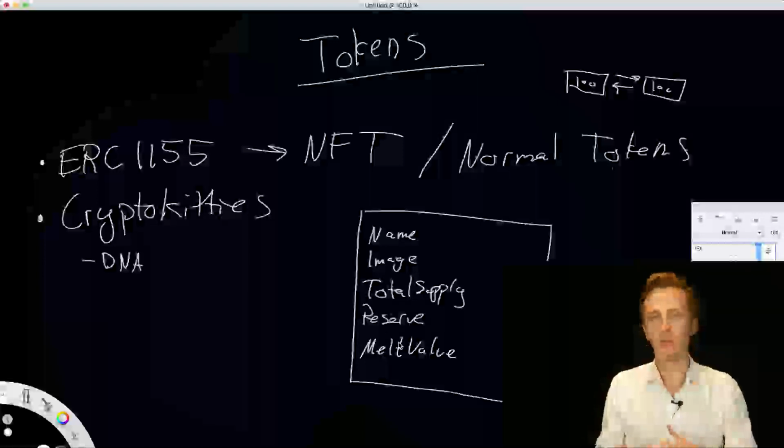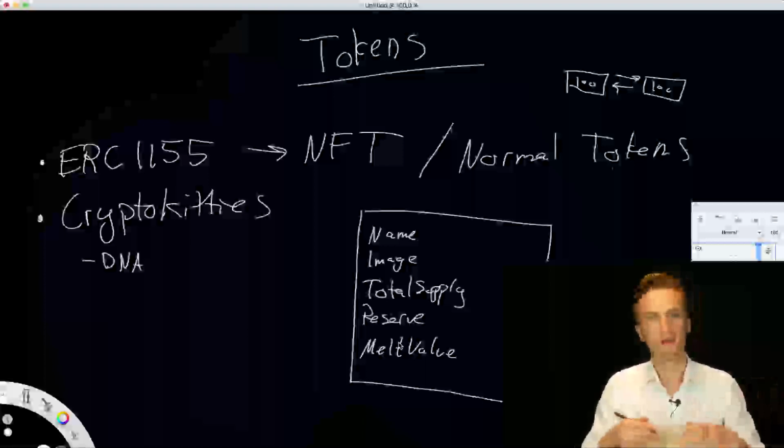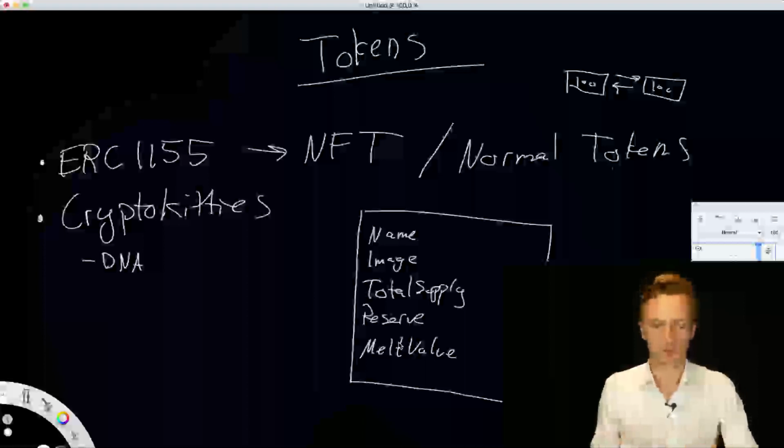And then the user can buy that for whatever market price the market values it at, and that user, or any other user, could always melt that token down into the original Engine coins. So there's always some sort of underlying value to the coin, and that is what you get when you melt the token. So that's the melt value.